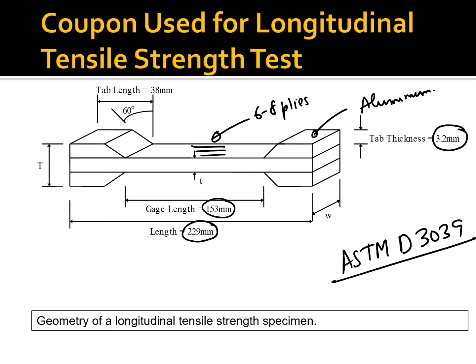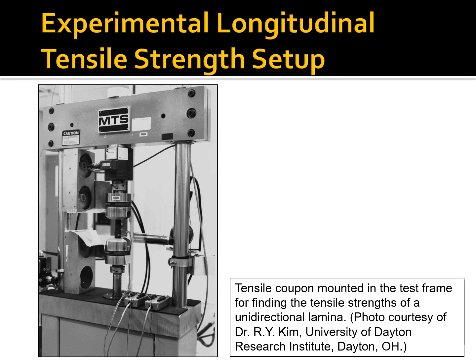What we see here is that this specimen is mounted with a strain gauge. You'll have a strain gauge in the direction parallel to the fibers. Then you also have a strain gauge perpendicular to the fibers. This one to measure the longitudinal strain, this one to measure the transverse strain, because then you can find the Poisson's ratio as well. So this is the general setup where you are just simply using a simple uniaxial testing machine.